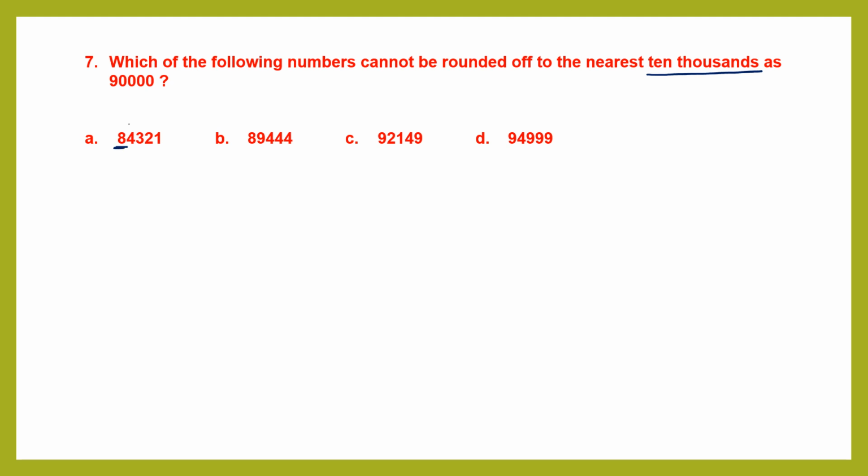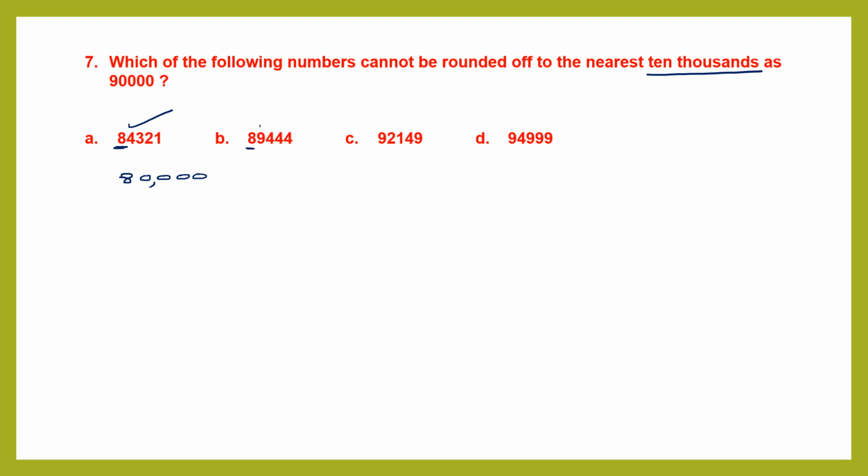Next digit is 4. So 4 is less than 5. So 8 will not change. 8 will remain as it is and the others become zeros. So 1, 2, 3, 4. So here we have 80,000. So can you see this number cannot be rounded off to 90,000. Let's look at the next number. Okay, so here as you can see we have 8 in the 10,000s place.